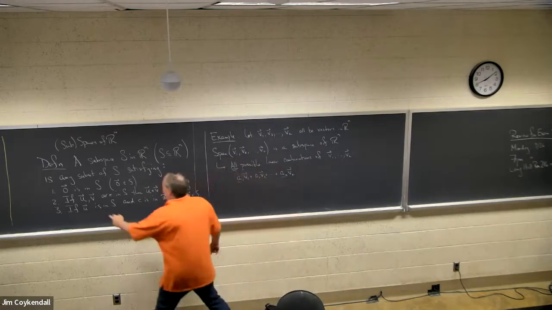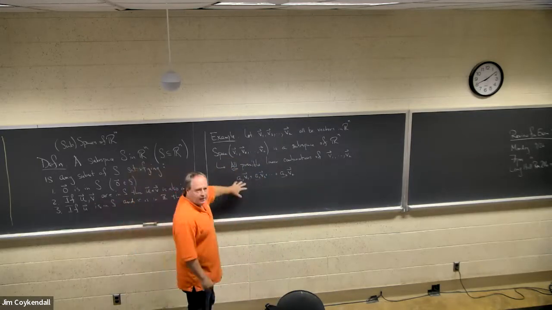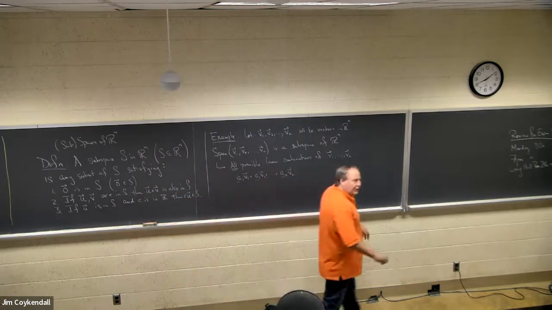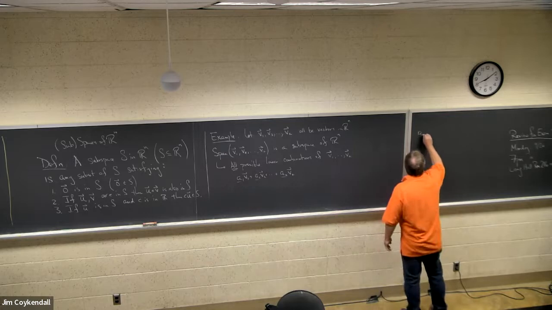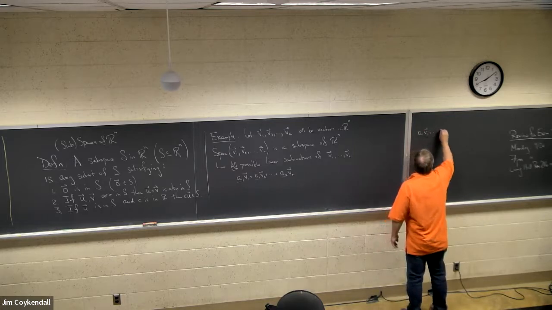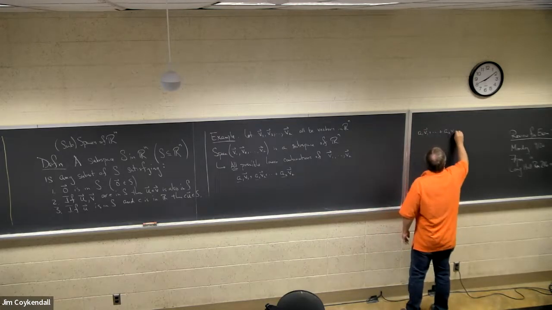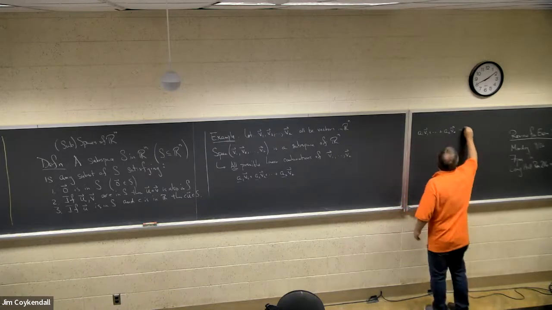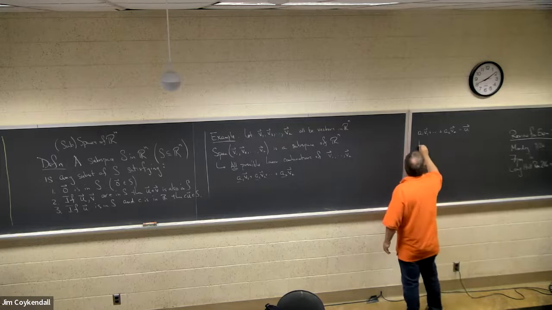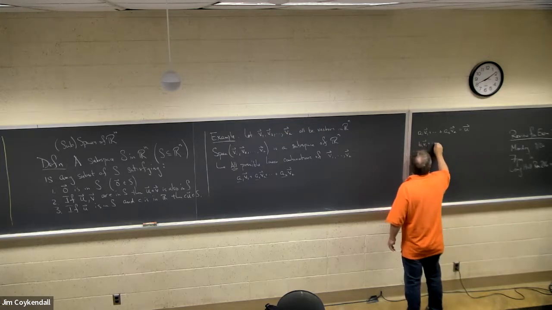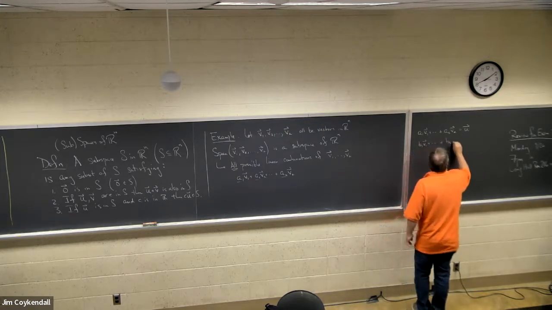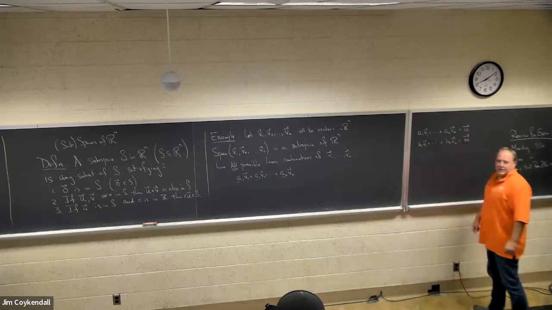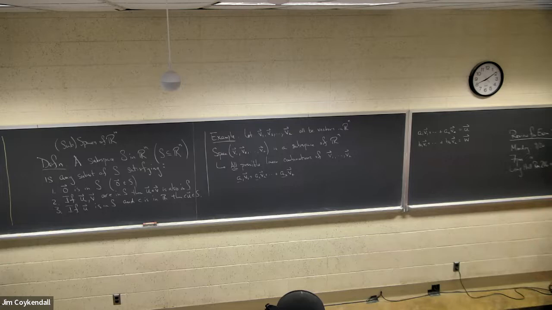Everybody okay with that? What else do I need? If you have two vectors in here, then their sum is in there, right? Well, let's see what two vectors look like. One of them might look like this. I'll call that U. And I'll call that W. There's two vectors in the span.